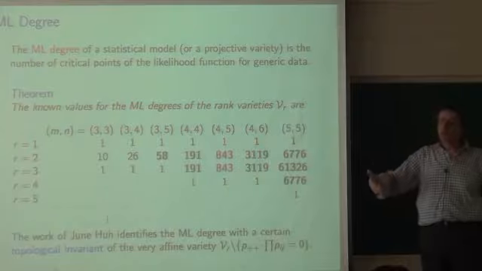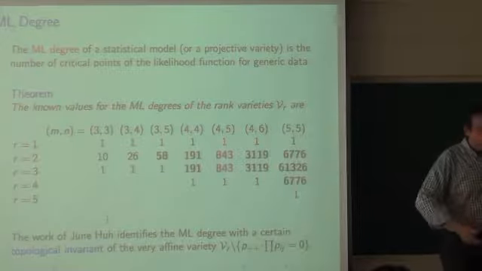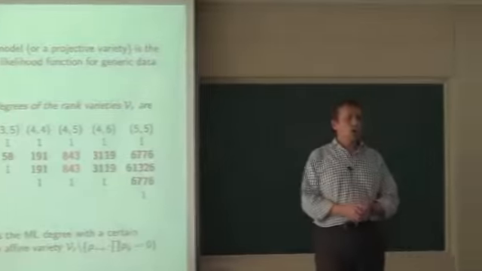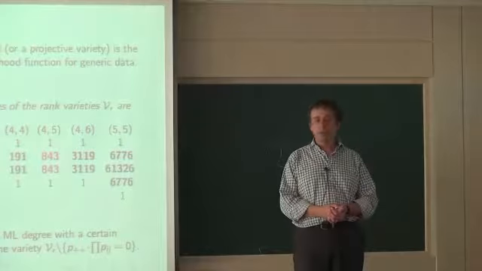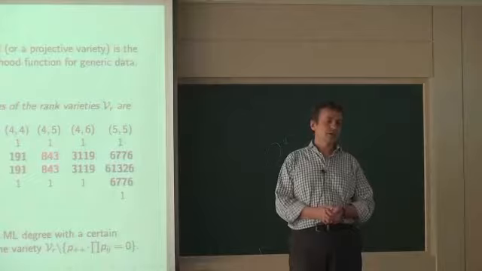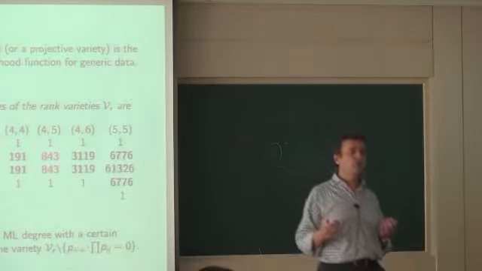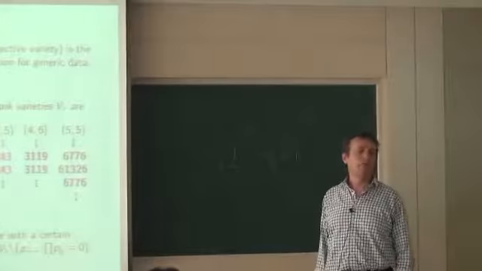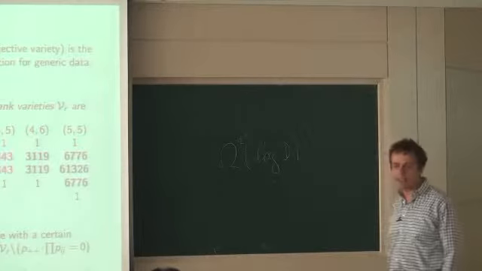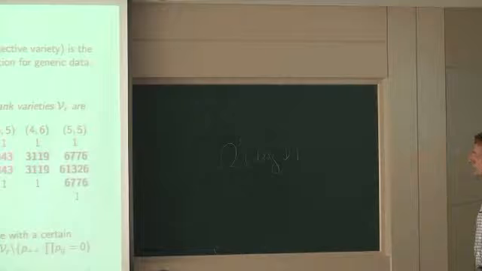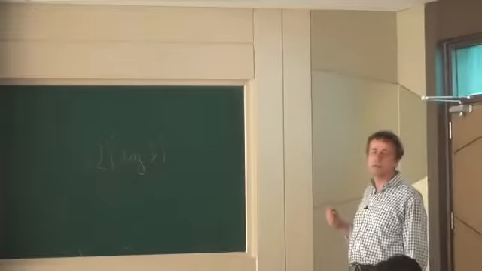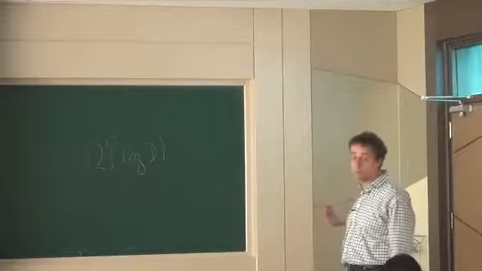Among these critical points, there will be some real, some positive, and this includes all the local maxima, all the local minima, and all the saddle points. From a practical point of view, these numbers give you a hard upper bound on the number of modes, the number of local maxima of the likelihood function, and they give you a sense of the algebraic complexity of solving this problem to optimality.